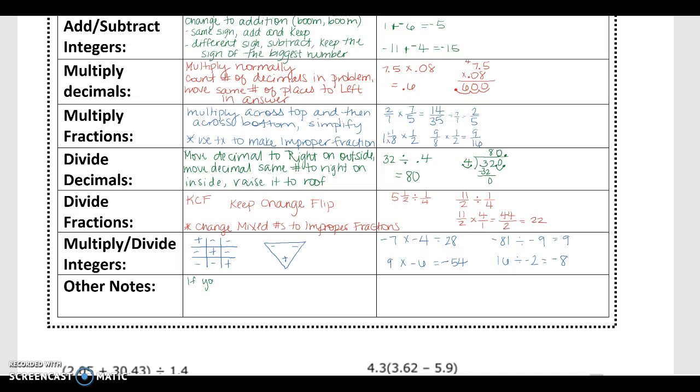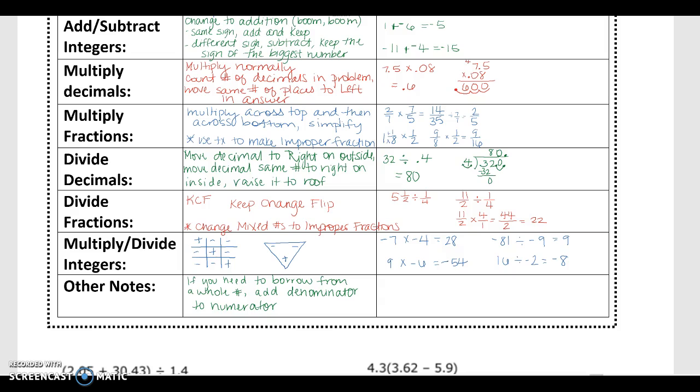If you need to borrow from a whole number, you're going to add the denominator, so add the bottom number to the numerator. And I'll show you what I'm talking about.